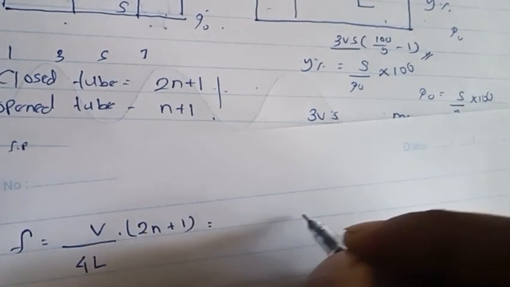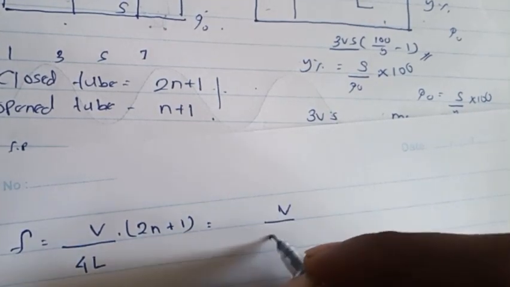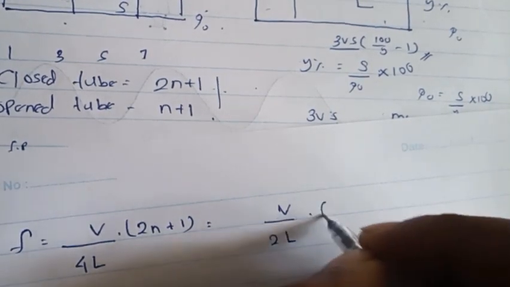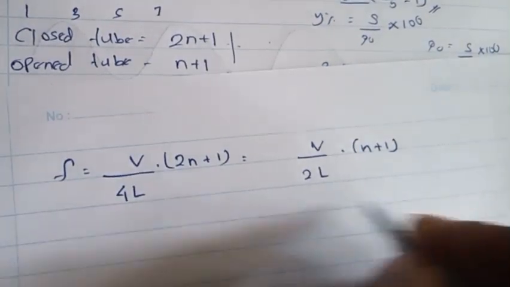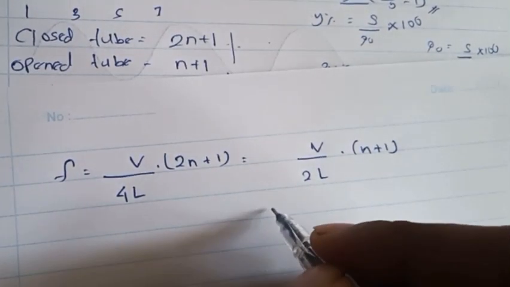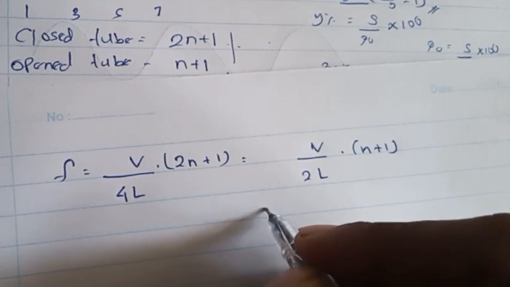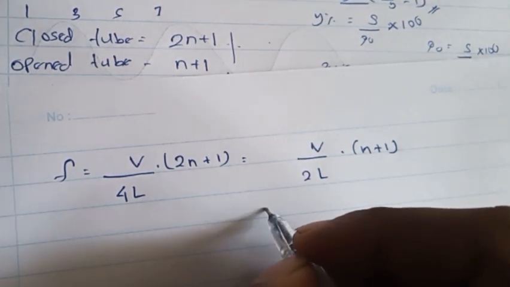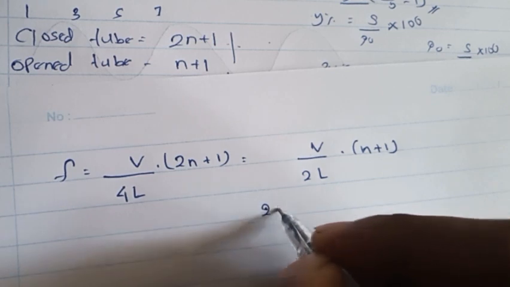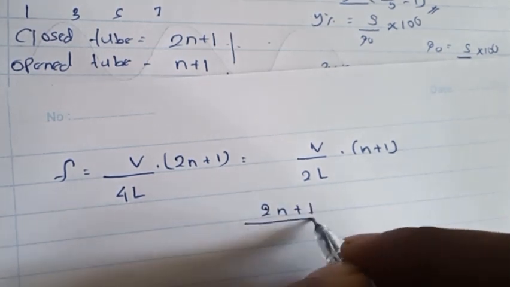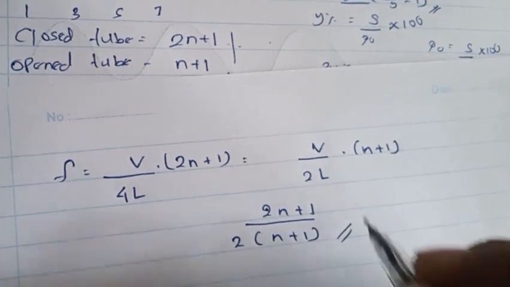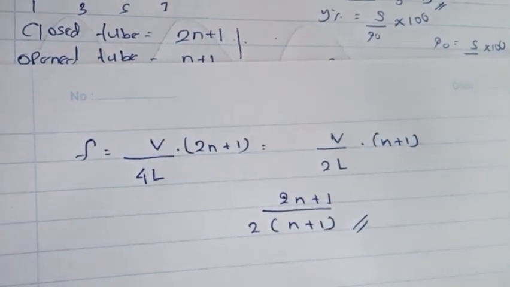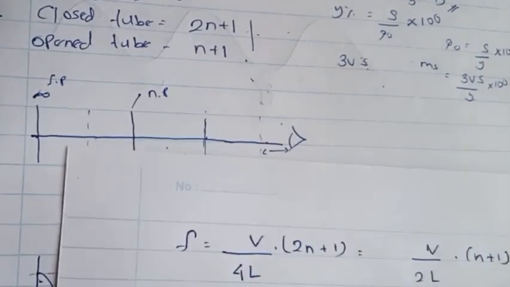And this is also equal to V divided by 2L times n plus 1, right? So from here we would obtain 2n plus 1 over 2 times n plus 1 as our answer. So this is going to be for question number 9, right?